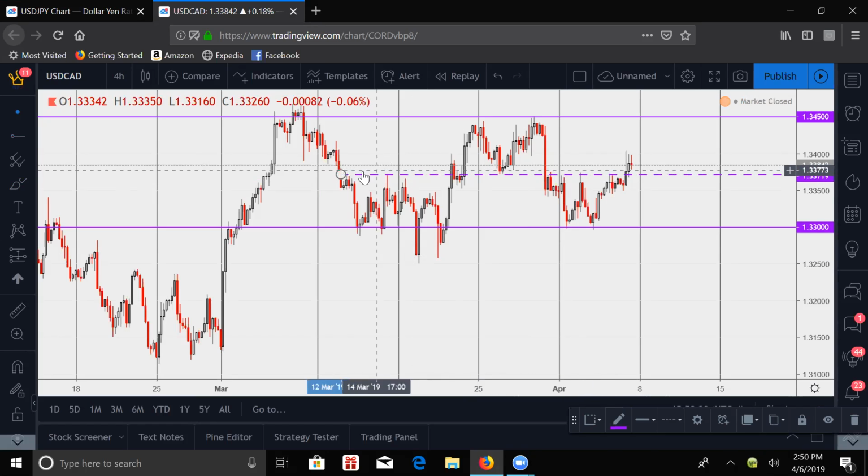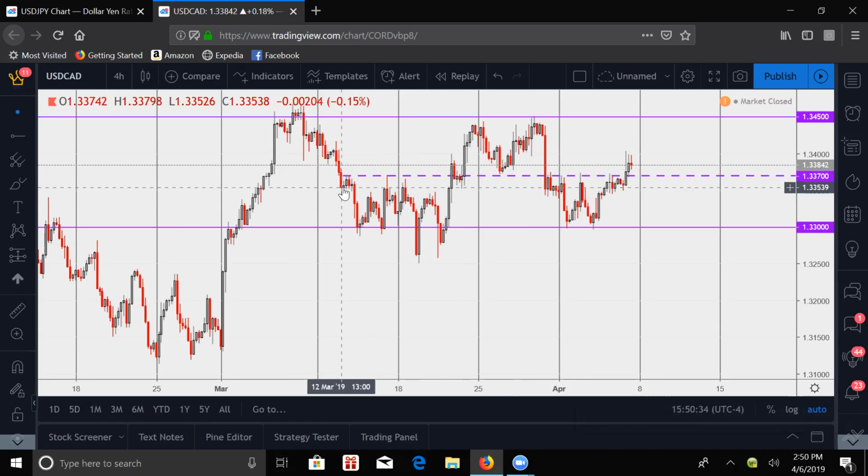So this, I feel like, is a minor area of resistance and or support for now, as we can see, because this level of 103.7 created some resistance here, and then it went down, went back up to this area once, twice, and when it finally did break this level, this area was used as support once, twice, and obviously broke it again, and then once again it was used as a resistance area.